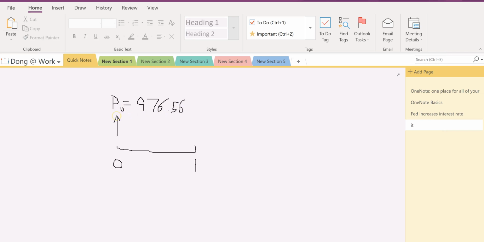So a bond investor can pay this price and buy a bond. And once he holds the bond, he is entitled to the future cash flows of this bond. And what are the future cash flows? First, the coupon.